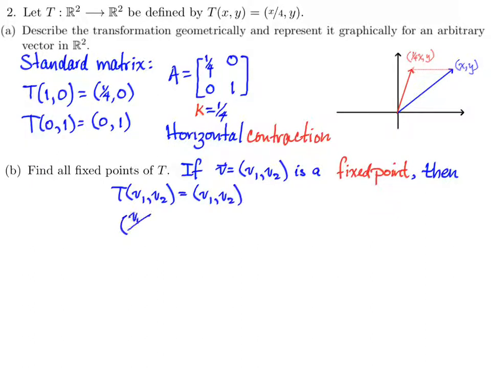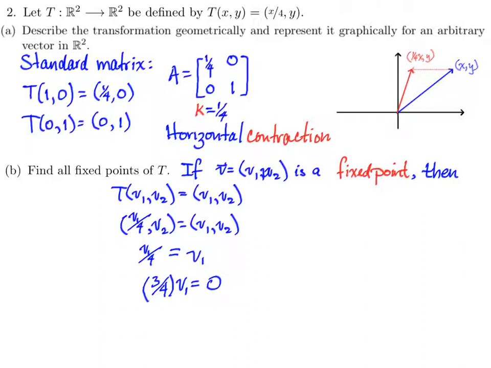And what does that mean? That means that v1 over 4, comma, v2 has to be equal to v1, v2. So clearly, v1 over 4 is equal to v1. So if I get everything on one side, I get 3/4 of v1 is 0.